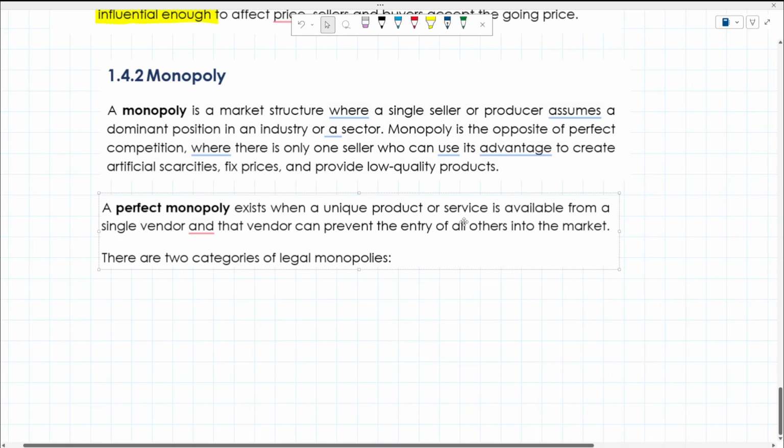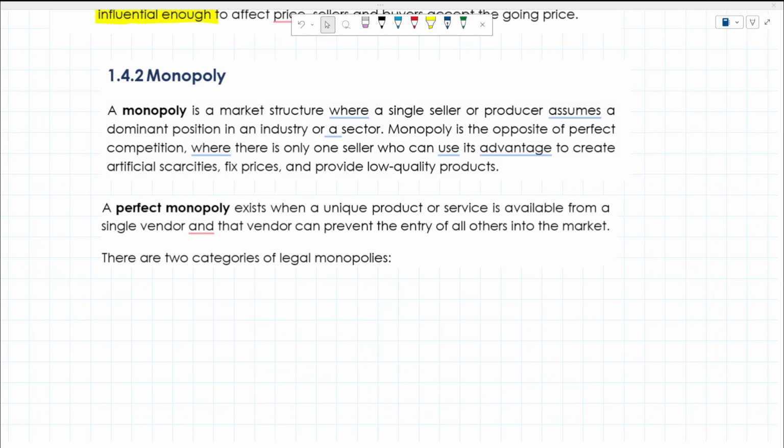The second one would be if it is an invention. If it's an invention, of course, the creator would not be willing to let others copy his products and sell them to the market. That's why we have patent laws and commercial laws. That is what we call legal monopoly.